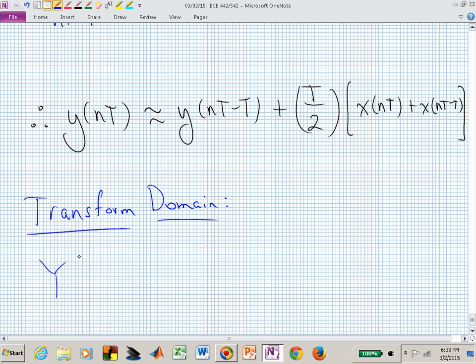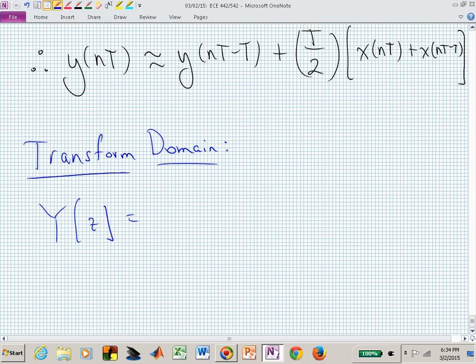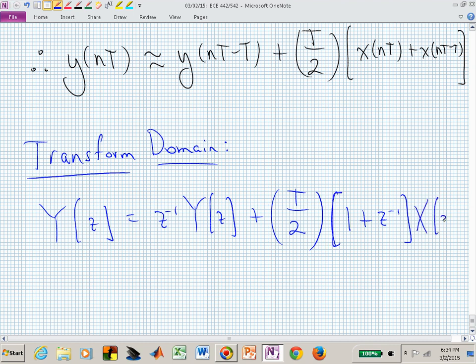Let's look at this in the frequency domain, which says now the left-hand side becomes capital Y of z. The right-hand side is z to the minus 1 capital Y of z. The second term on the right-hand side becomes capital T over 2, 1 plus z to the minus 1, capital X of z.